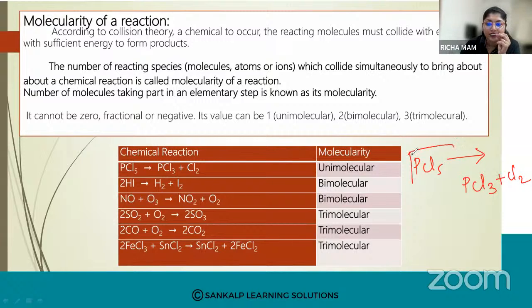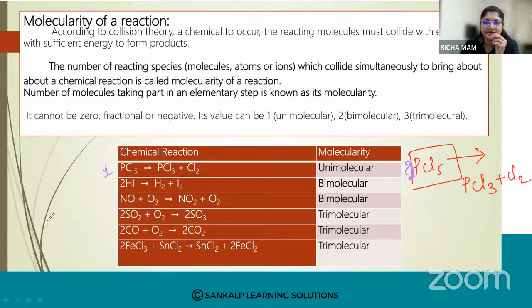So how many molecules are involved here? Only one molecule of PCl5 is involved, right? Can you see any number here? No. So it means one molecule of this. So this is called unimolecular.